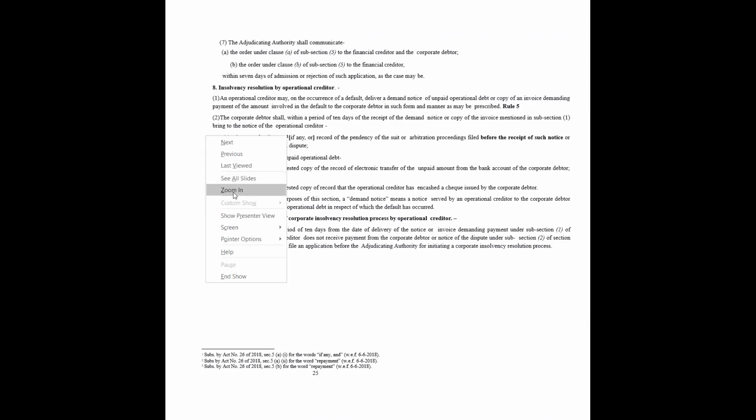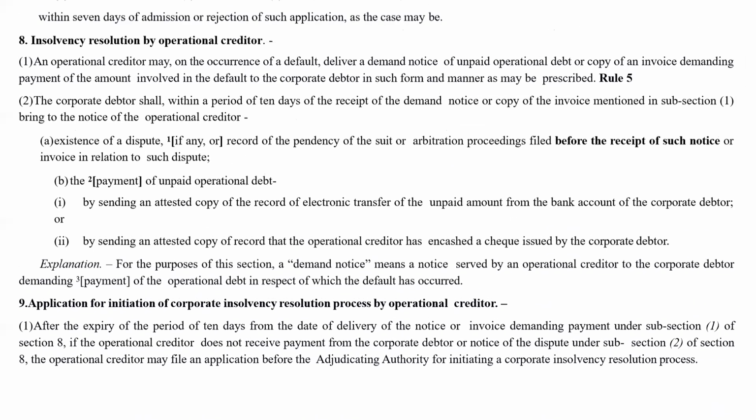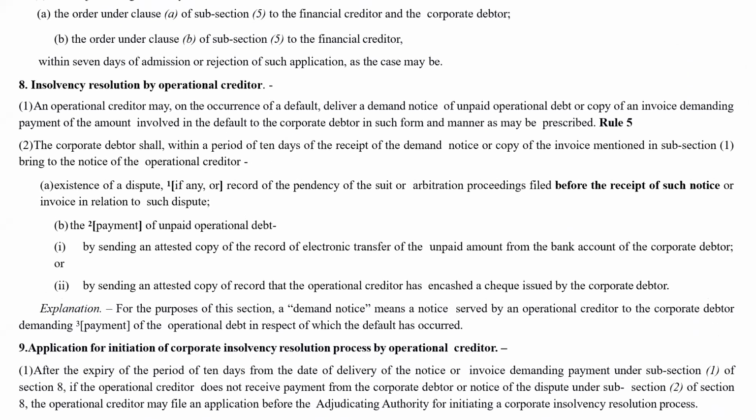So first of all, you will deliver a demand notice or copy of an invoice for unpaid operational debt. 10 days are given to the corporate debtor within a period of 10 days of the receipt of the demand notice or copy of invoice. So he can say three things. One, there is a dispute.